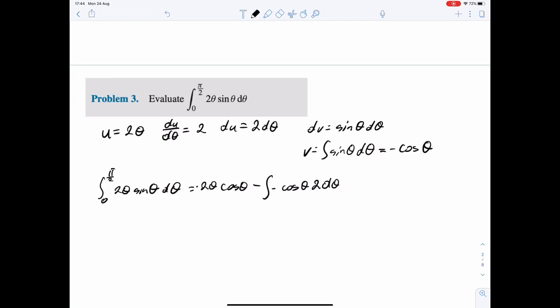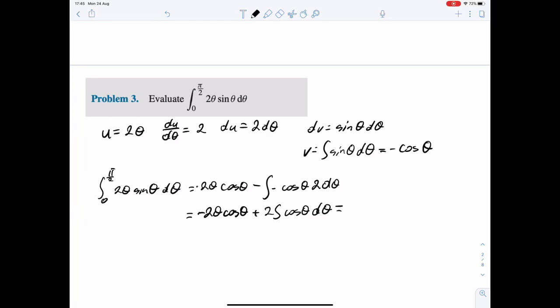So it's probably noticeable that I can integrate this with relative ease. So when I put this all together, I'm going to get minus 2 theta cos theta plus 2 integral of cos theta d theta, and the integral of cos theta is obviously sine theta.